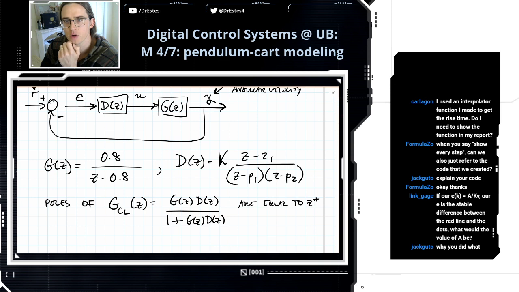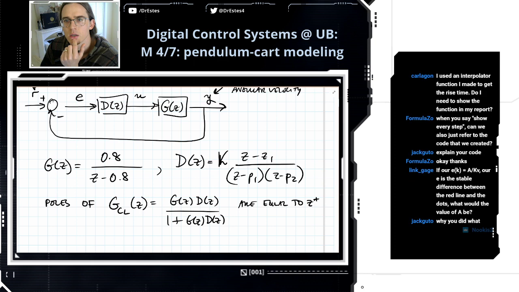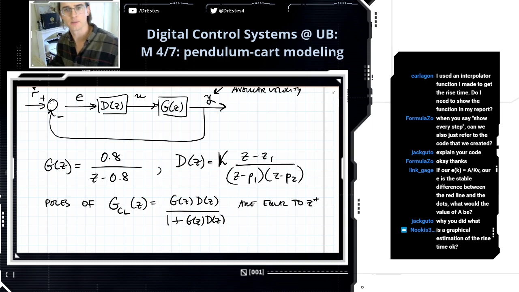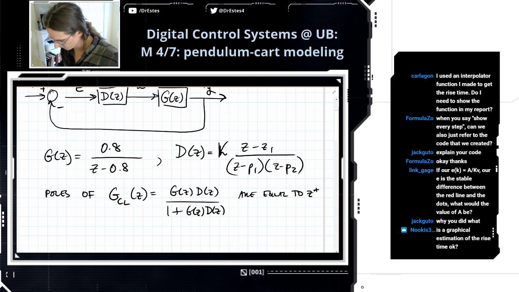Yeah, explain your code. Is a graphical estimation of the rise time okay? Sure. Okay.